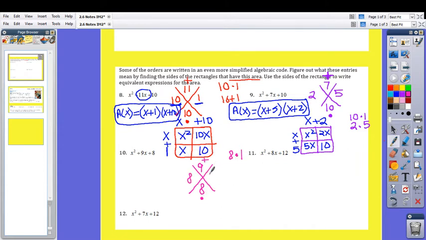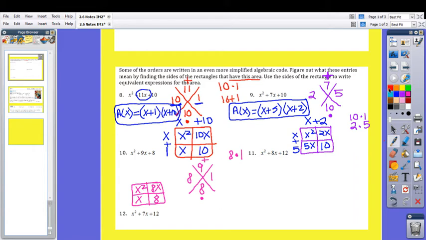So the factors are 8 and 1. So now you make the box. So this is your x squared, this is your 8. These two you will split your 9x as 8x and 1x, so 8x and 1x.